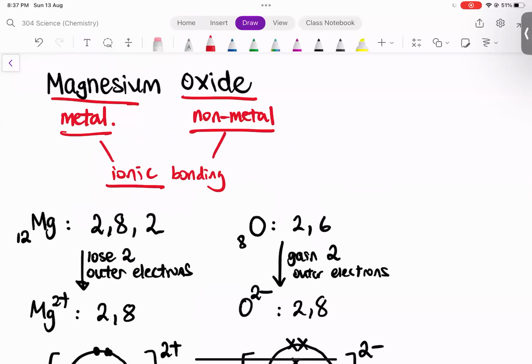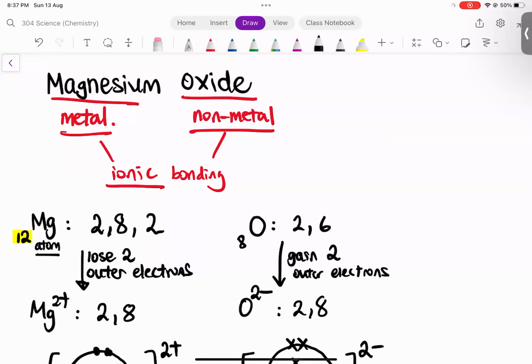If we know that it's magnesium, we go look for magnesium in the periodic table. Mg has a proton number of 12. So if magnesium has a proton number of 12, this means that magnesium atoms also have 12 electrons. This is the magnesium atom. The magnesium atom has 12 electrons.